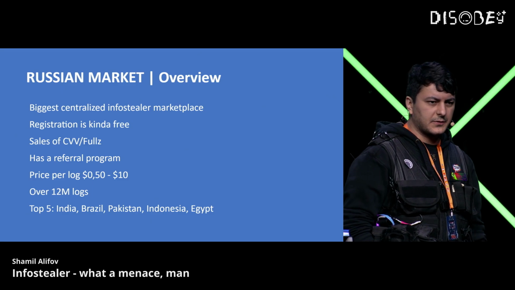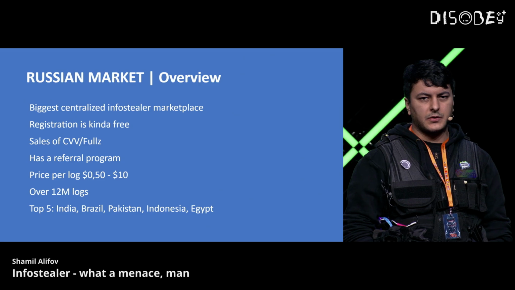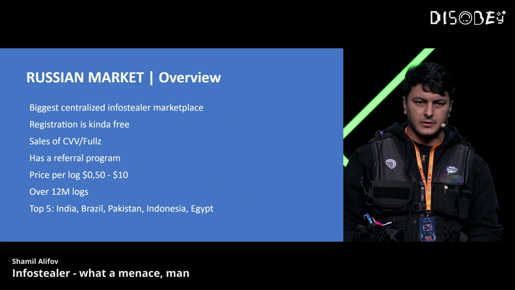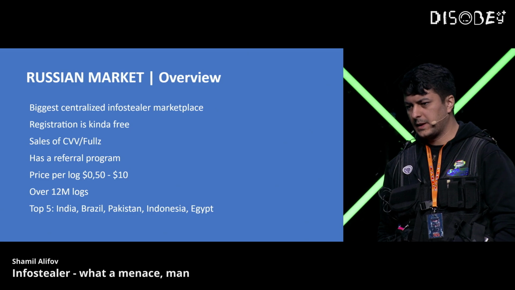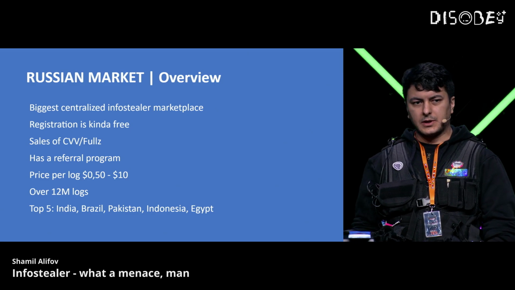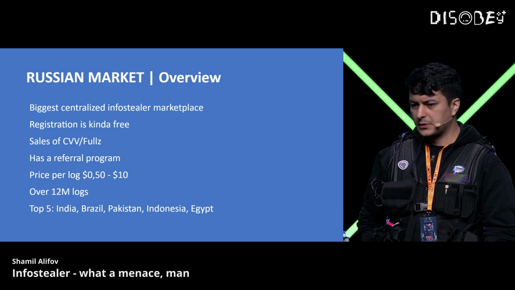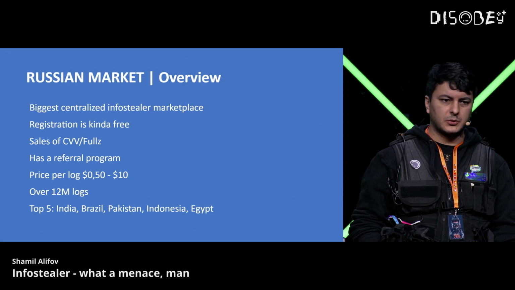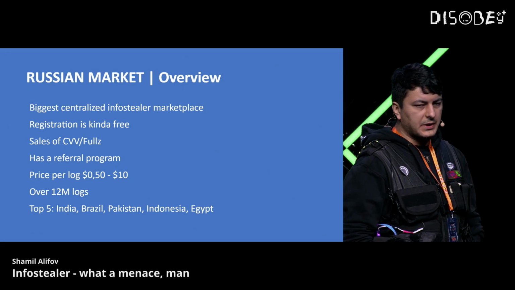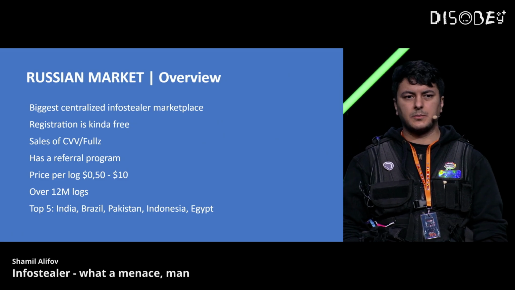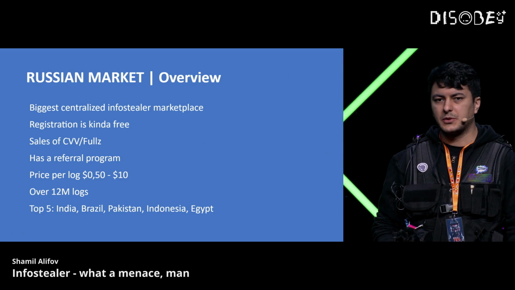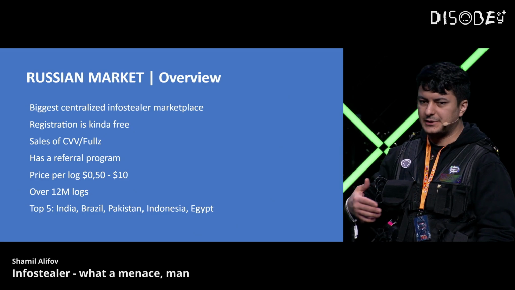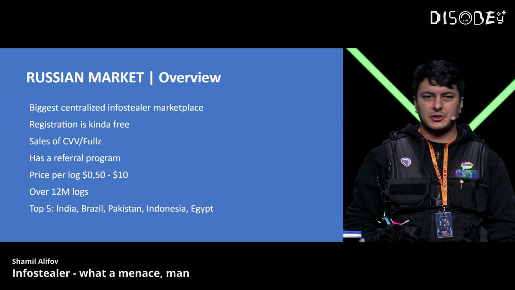Registration is free, but to see any data there, one needs to deposit $50 to the in-market wallet. They're also selling credit card numbers. They have a referral program, so if someone brings their friend to join the marketplace and that person purchases items from the marketplace, the referrer will get a share of that money.